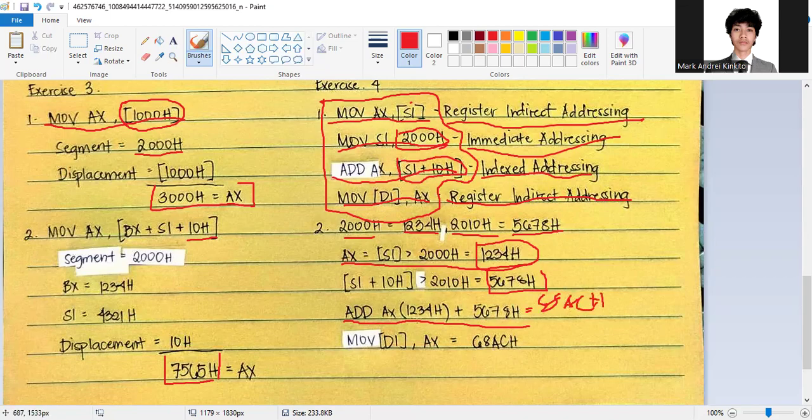A is 10 because 3 plus 7 is 10, and 8 plus 4 is 12, so it becomes C. The result is AX equivalent to 68ACH. We move it to DI, so in the end DI will have AX, which has 68ACH. So the total content of DI is this.